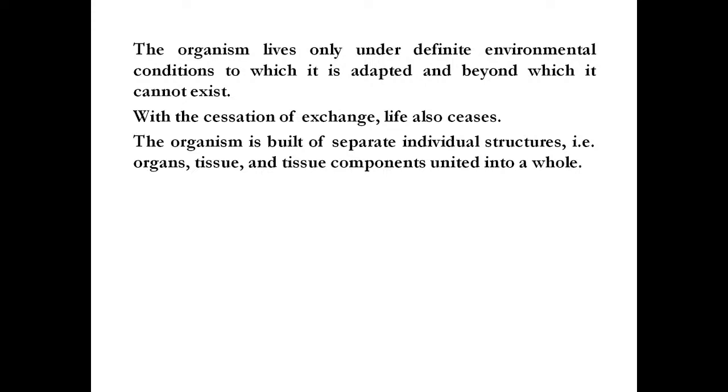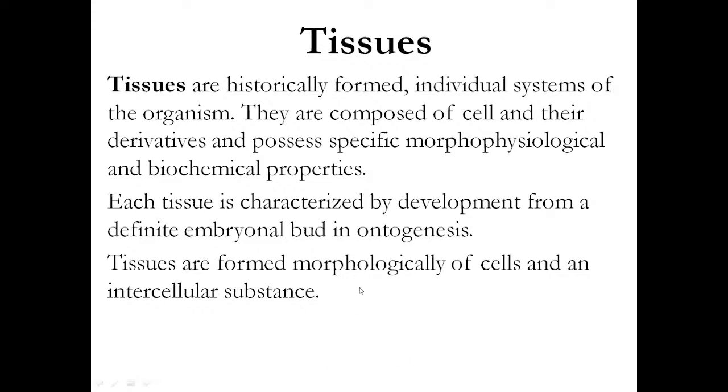The organism is built of separate individual structures: organs, tissue, and tissue components united into a whole. Tissues are historically formed individual systems of the organism.